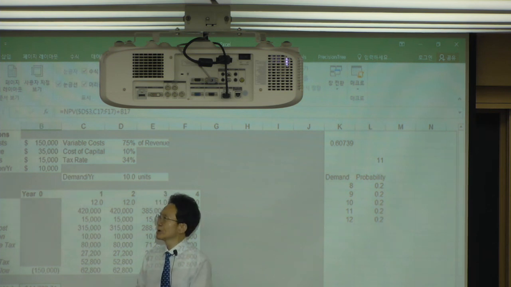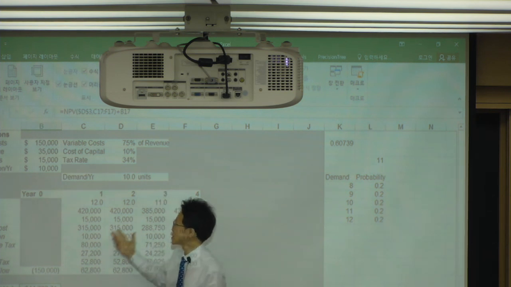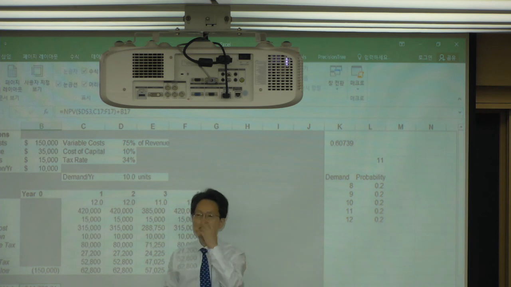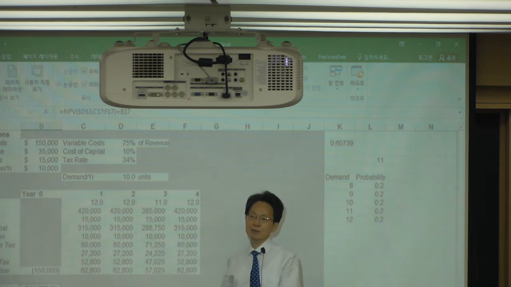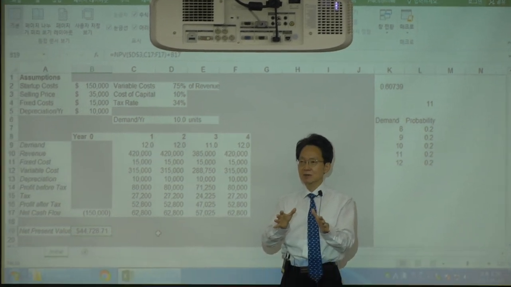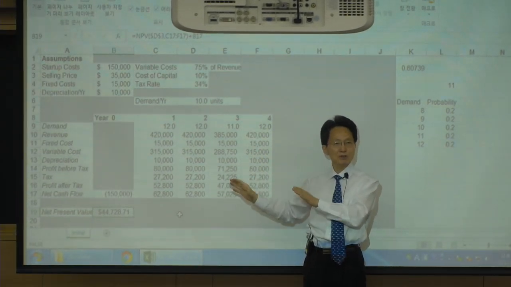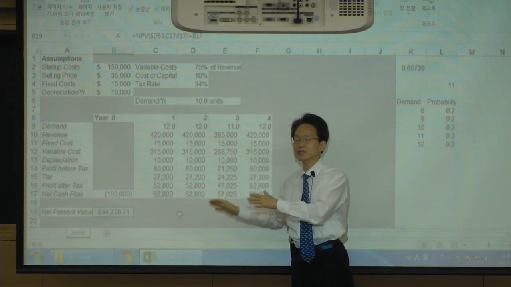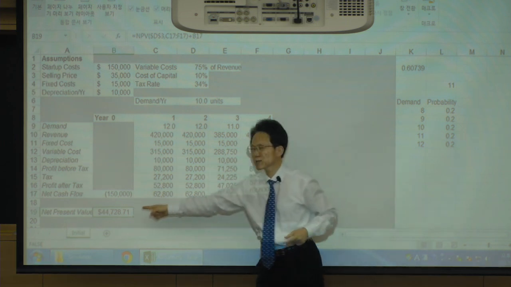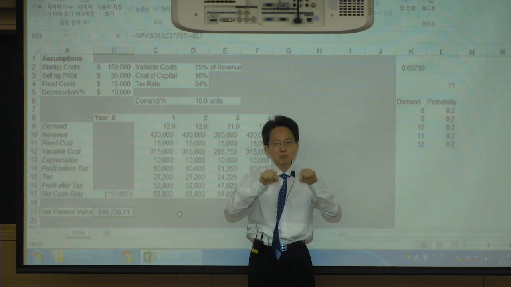So now we no longer say that the net present value of this project is 12,455, which was the original value, the base case. We started with the base case, and now we incorporate the uncertainty into this whole scenario. And now we have a different number every time we push F9.